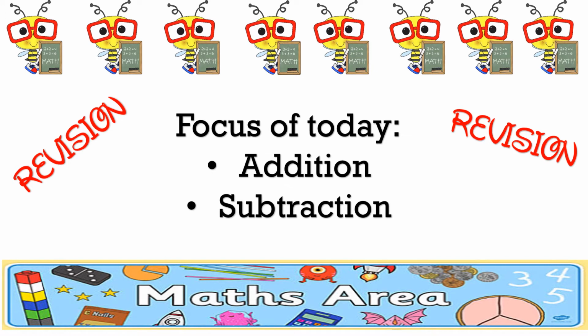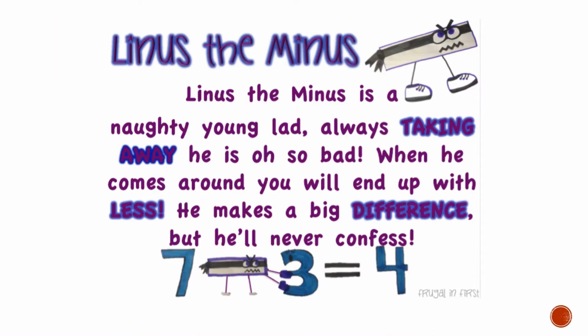So like I said, today we will focus on addition and subtraction. But before we begin, there are two people I would like you to meet. The first one is Linus the Minus. Linus the Minus is a naughty young lad, always taking away.